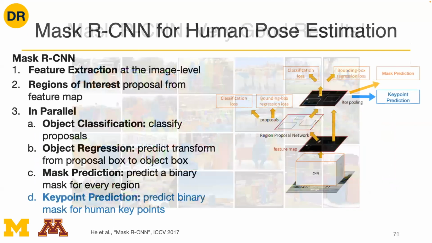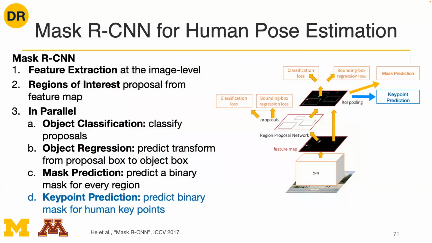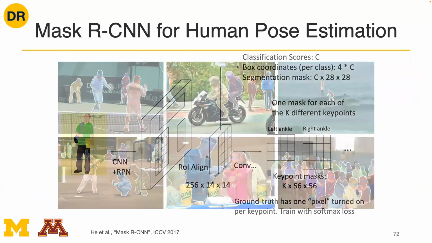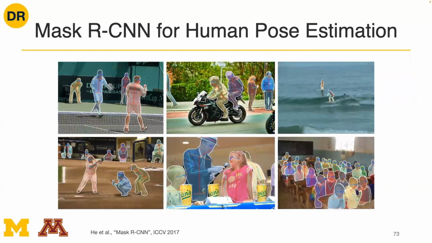I'll also point out, because we're out of time, that it's been extended to other tasks. Even the authors of the original Mask RCNN paper proposed adding another head at the very end, which was a key point prediction head. So you could estimate human pose by predicting a certain number of 2D key points on every person. You could train the network to also predict those.